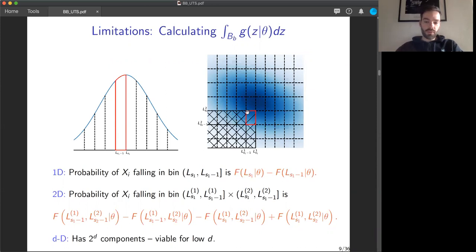In 2 dimensions, if I want to look at a square or rectangle, I now have to use 4 two-dimensional CDFs. So you can see that now if I want a d-dimensional histogram, I will need to compute 2 to the d components for the probability to fall in a bin. And so it's going to be very computationally intensive and not very viable for large dimensions.